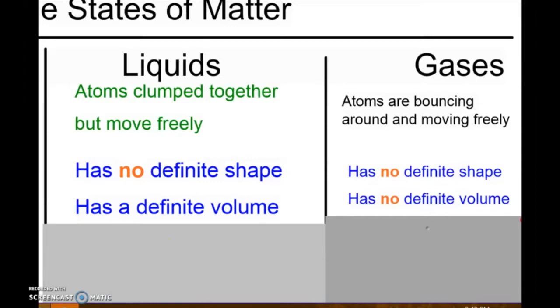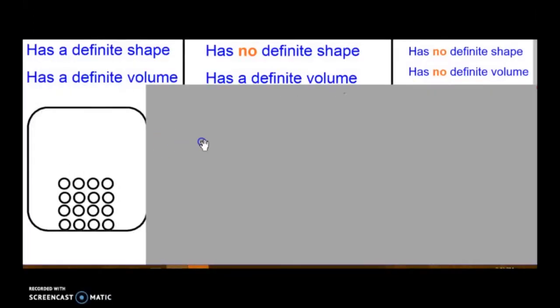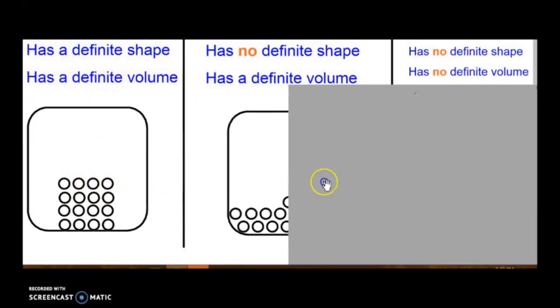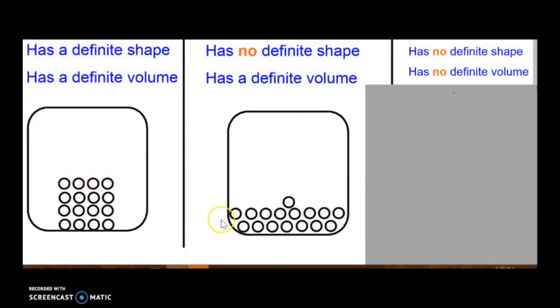Okay, so we're going to move on and draw some pictures that go along with these. Now, solids are first. Solids make up basically, here's a cube. Let's call it a sugar cube, okay, or an ice cube. There's a bunch of atoms in a cube. Definite shape, definite volume, solid. Liquids, on the other hand, they kind of flow to the bottom.